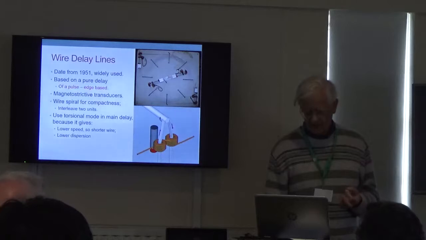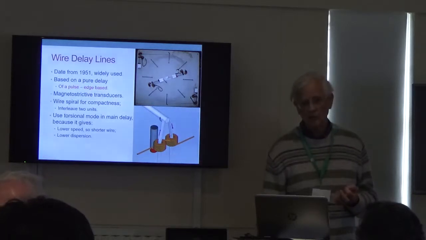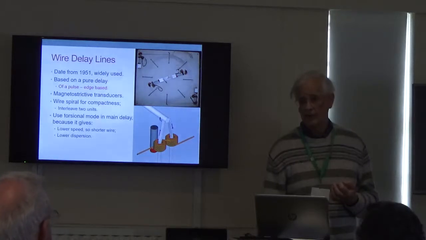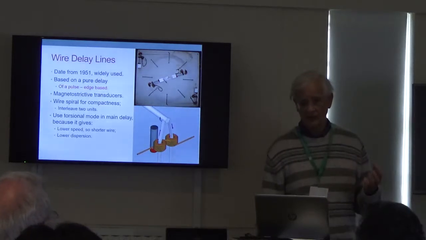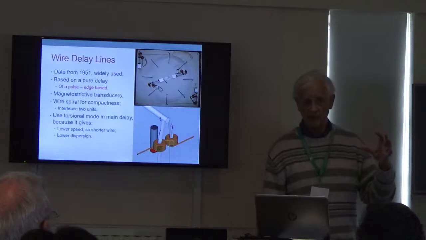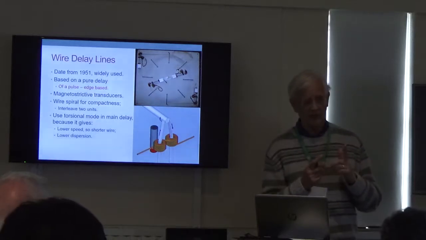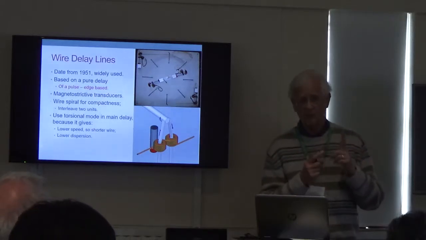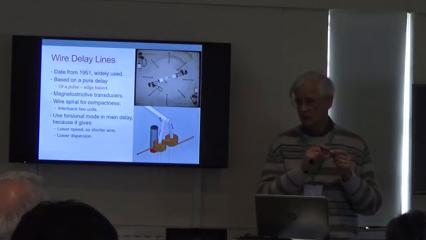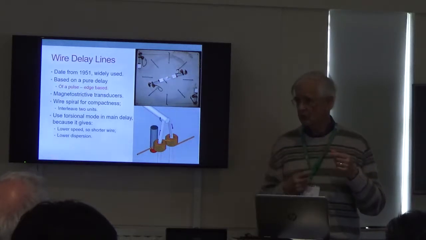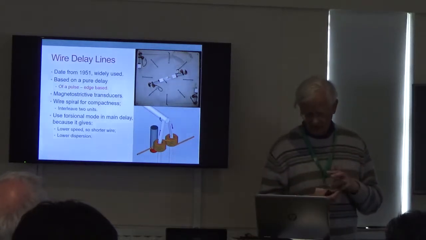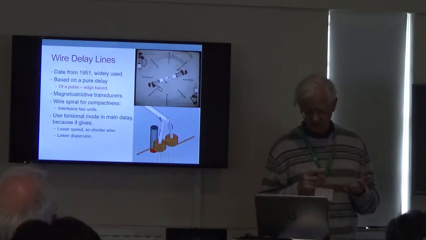It works better if you make the sound pulse in the wire a torsional pulse. So what naturally comes out of the transducer is a pressure pulse because you change the length. But if you can take two of those in antiphase and use them to twist the end of the wire so that the torsional pulse moves off as a twist all the way down, it's better for this purpose for two reasons.